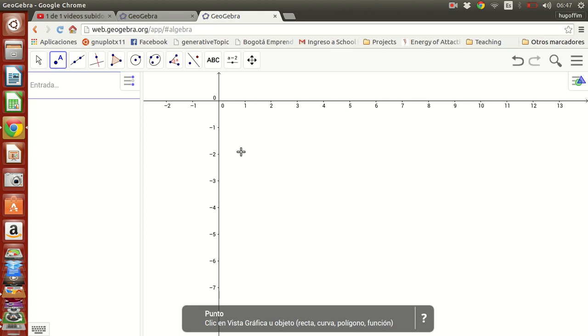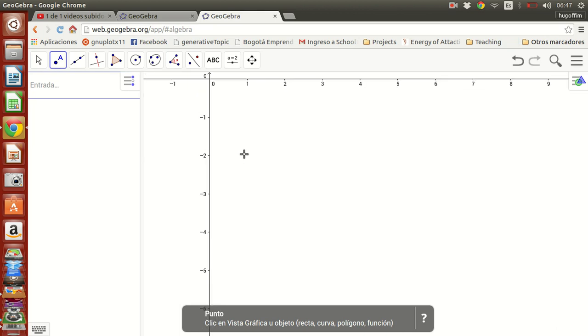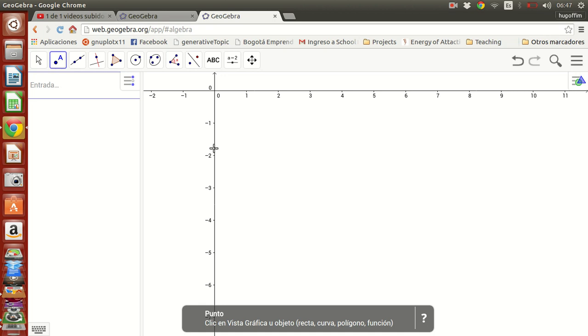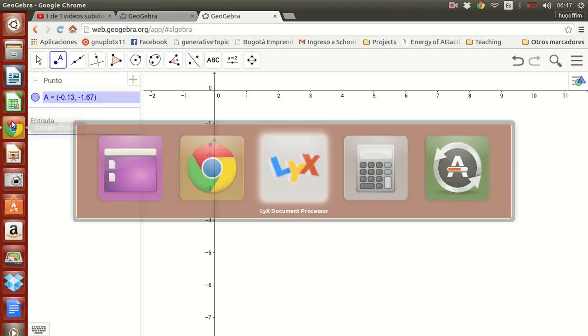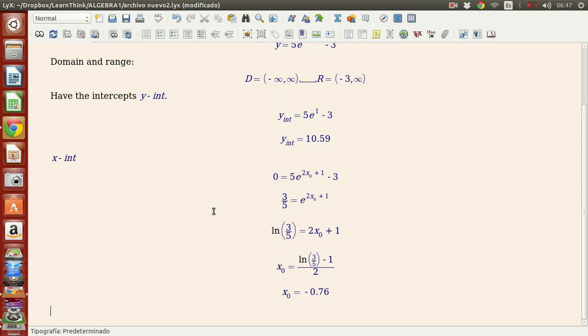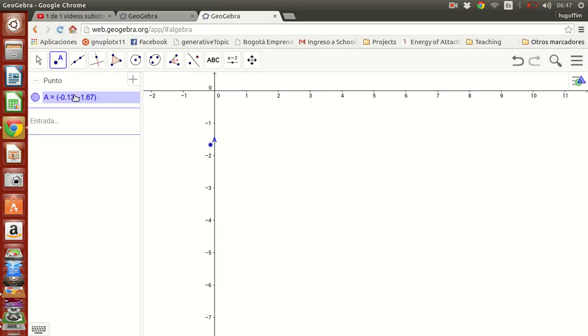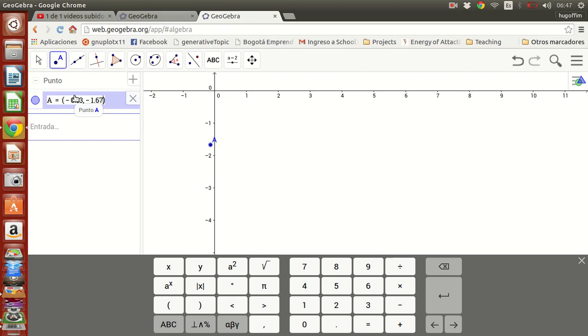The y-intercept is 10.59, so here is 0 and 10.59.